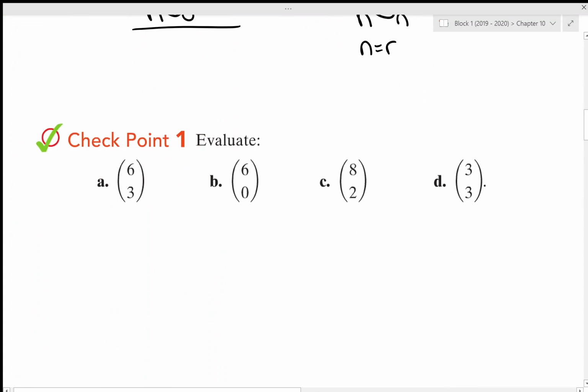Okay, hopefully you paused the video. So 6 above 3 is 6C3, and when you do that, you will get 20.